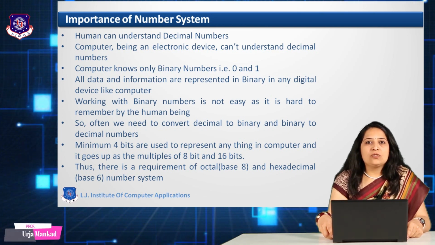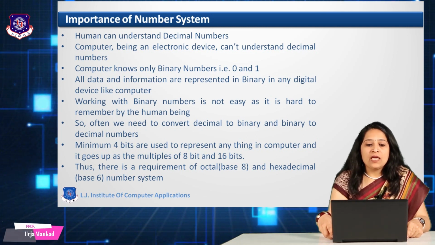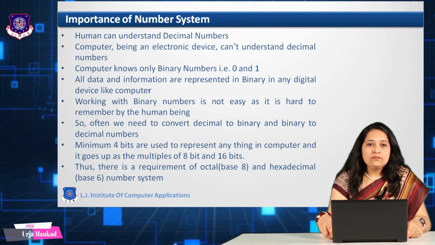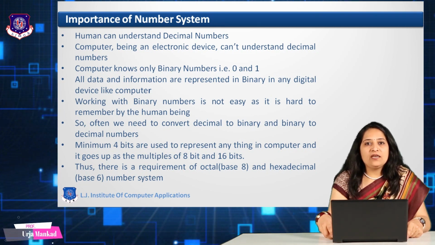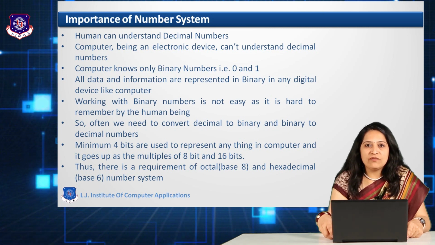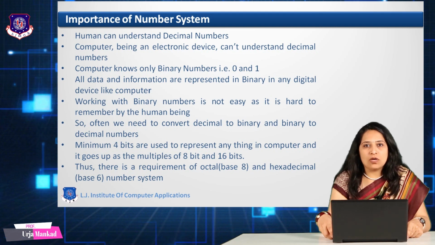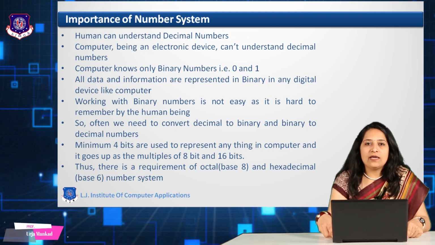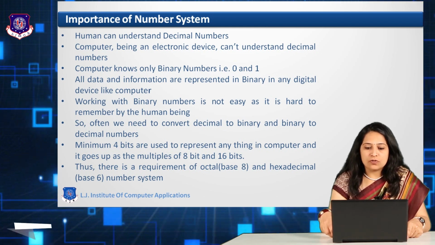So here we need to convert a decimal number to binary number and vice versa. Apart from that, all the things stored in any electronic device are in the form of bits, that is 0 and 1 combinations. 4 bits, 8 bits, 16 bits and so on. So there we require other number systems such as octal and hexadecimal also.